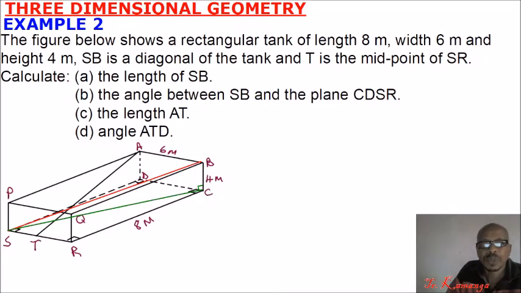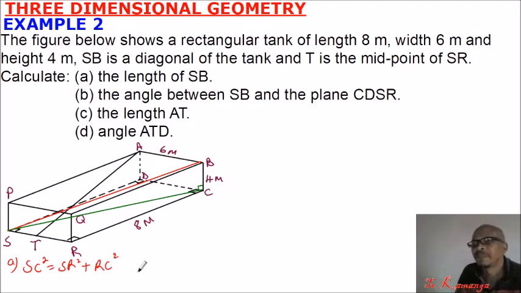So let's start with SC. Let's say this is part A. Let me use this space because of the space I have here. We start with SC squared is equal to SR squared plus RC squared.